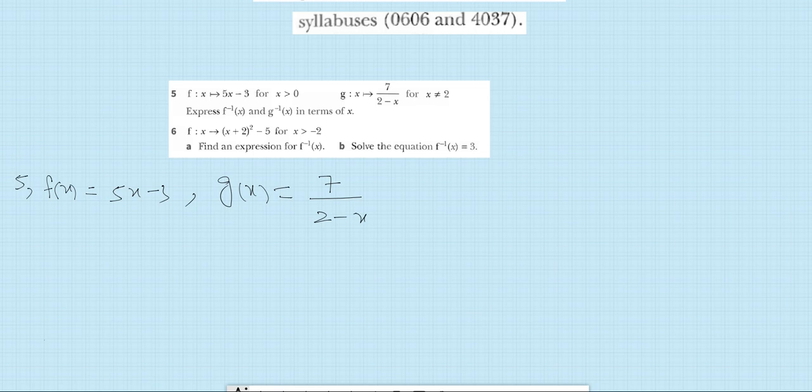Very easy. First we have to find f inverse x. The steps involved are replace f(x) by y. Then interchange y by x and x by y: x is equal to 5y minus 3. Then make y the subject of the given formula. Since this 5 is multiplied, it should divide.